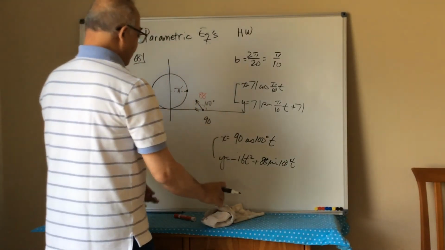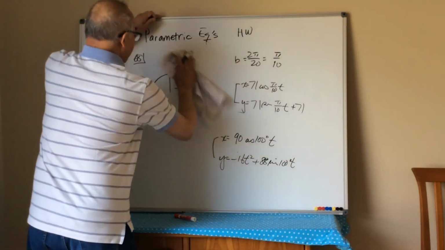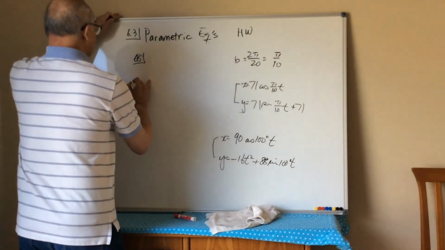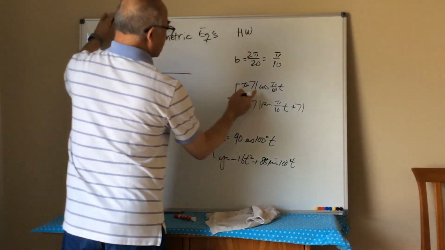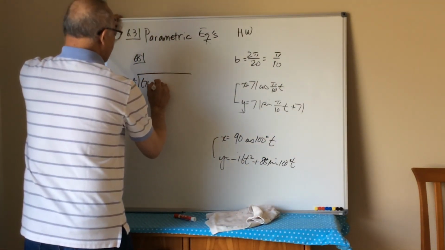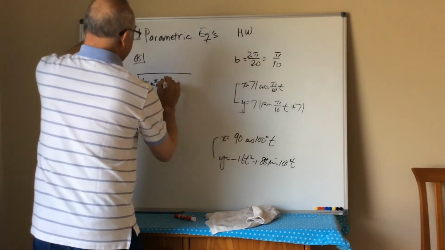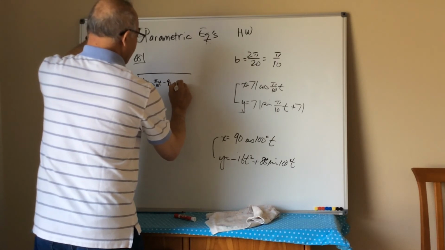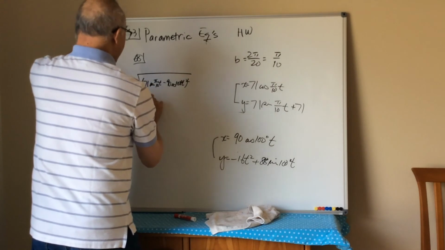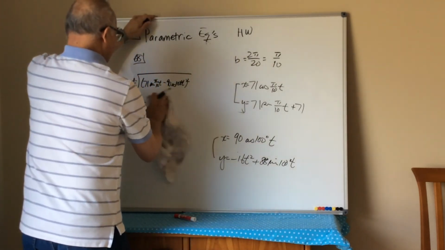So again, you do the same thing here. Now you're going to erase this, and we're going to do the distance. So the distance is going to be the square root of 71 cosine pi over 10t minus 90 minus 88 cosine 100t, quantity squared.